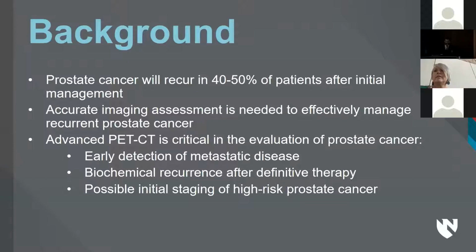And so advanced PET-CTs have really helped us come a long way in this endeavor. We use PET-CTs in prostate cancer for early detection of metastatic disease in the setting of biochemical recurrence after definitive therapy, also considering its usage in initial staging for high-risk prostate cancer.